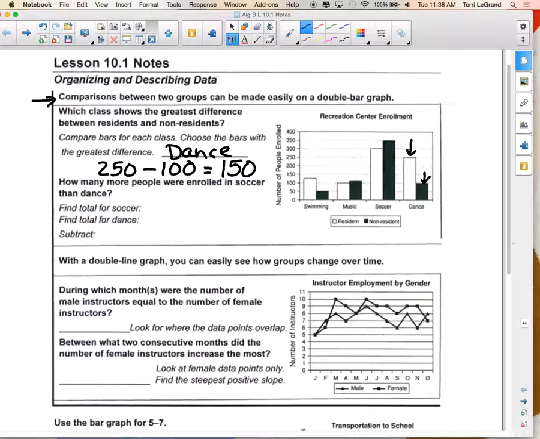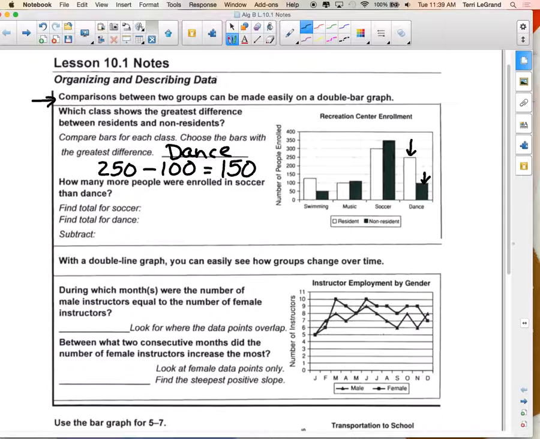I get 75. How about music? Maybe 10. How about soccer? 50? So it is pretty clear that it is dance, isn't it, for this question. Which class shows the greatest difference between residents and non-residents?